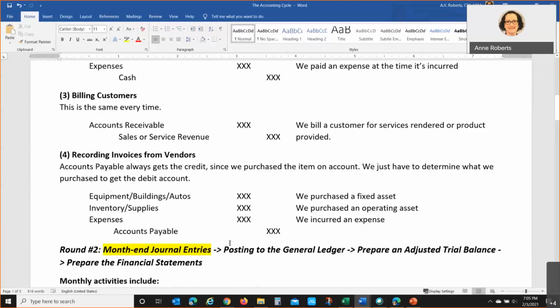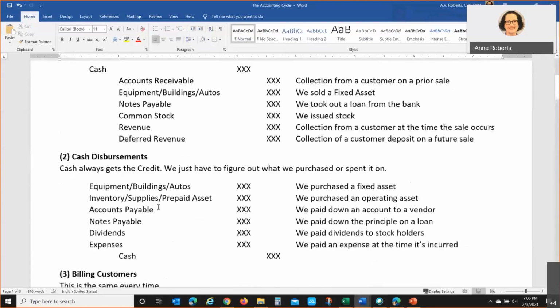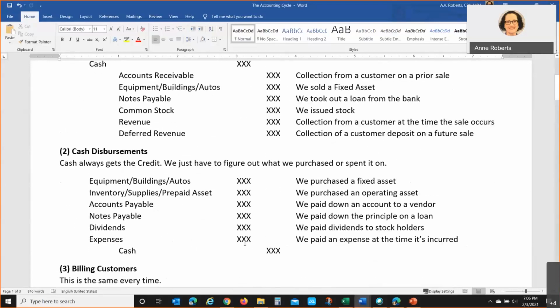So the big thing here is if we buy supplies on account, we're down here, accounts payable, and we're recording the asset. If we write a check for supplies, now we're up here under cash and supplies.